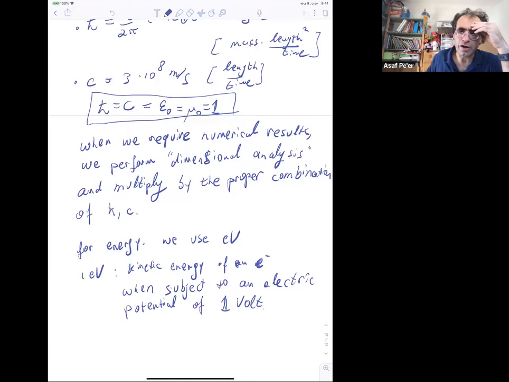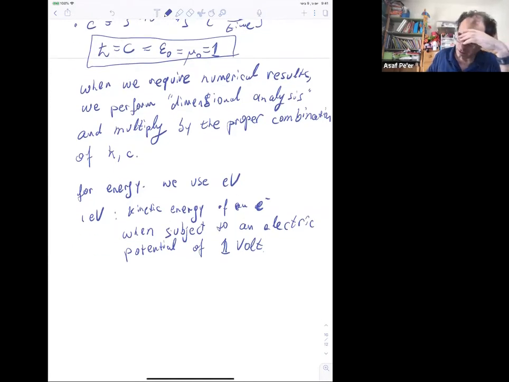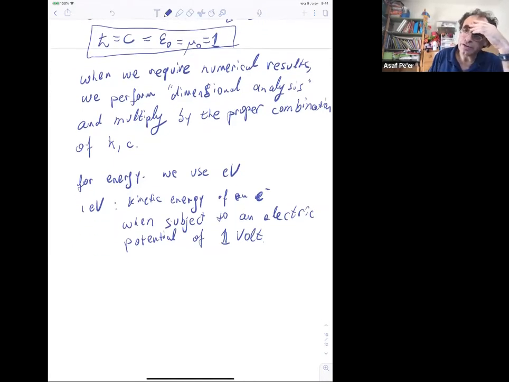Of course, it's sort of arbitrary. If you compare that to the other units that you're used to in the MKS system, so it's joules, 1 electron volt is 1.6 times 10 to the minus 19 joule.